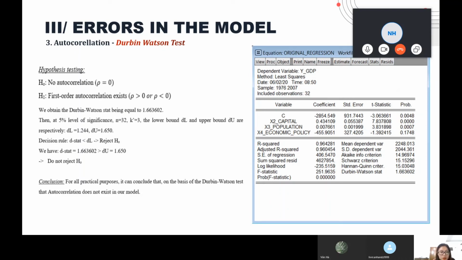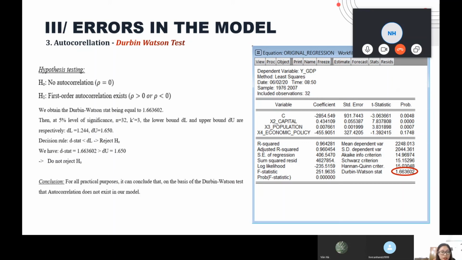We obtain the Durbin-Watson stat, as you can see in EViews. At the 5% level of significance with n equal to 32 and k equal to 3, the lower bound and upper bound are respectively 1.200 and 1.650. So we can see that this stat is smaller than dL, so we reject H0.